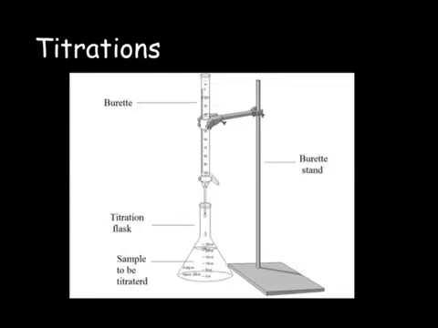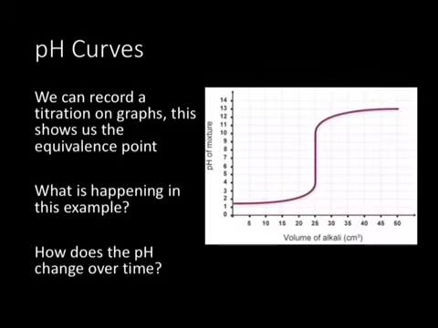In another tutorial, we will look at titrations. In a titration, we add an acid to an alkali in order to accurately work out a neutralisation point. In doing so, we can put together a pH curve. On a pH curve, we can record a titration to show us the equivalence point. This is where the pH is changing.